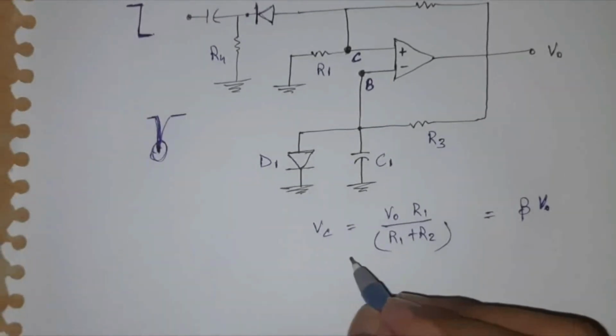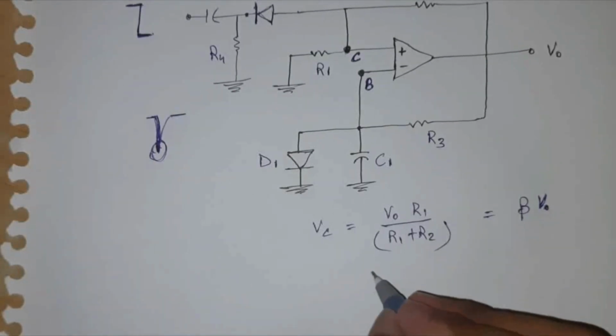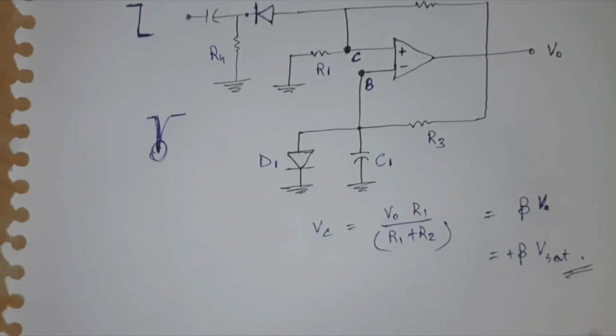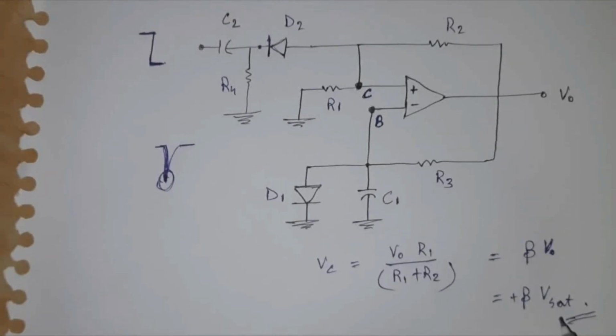Now for the initial part, since we have considered the output to be at plus V sat, this will be beta into plus V sat. So this is our starting point. And now we have to observe what change we see.